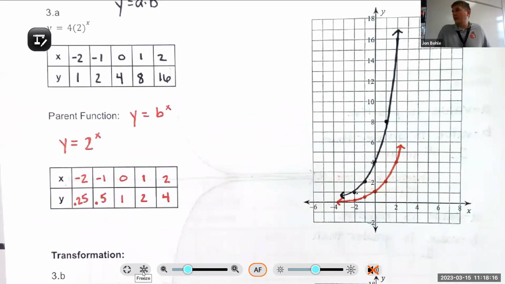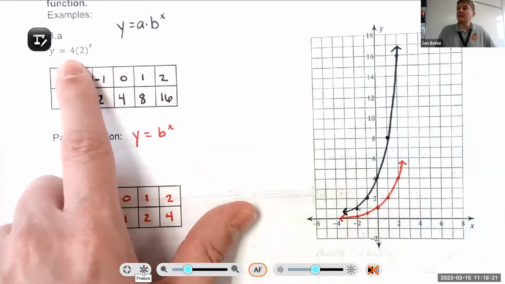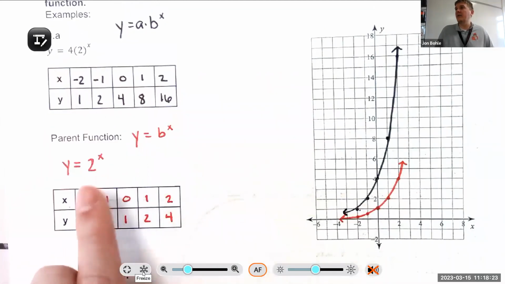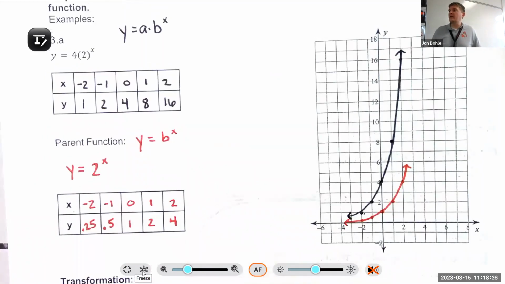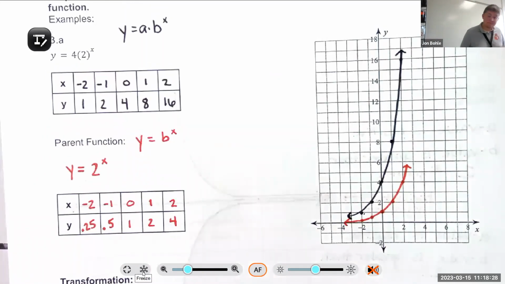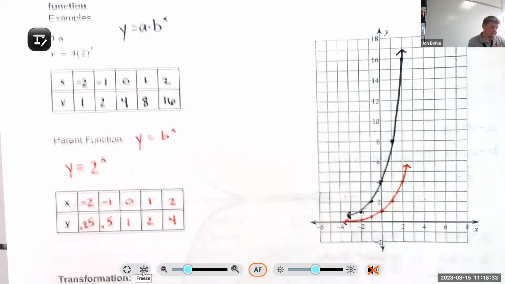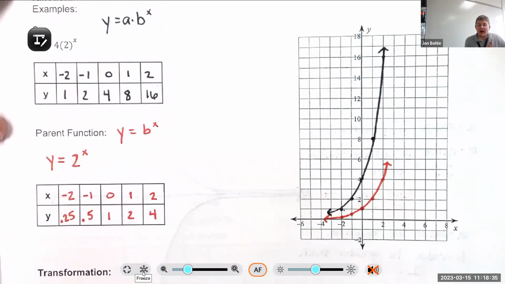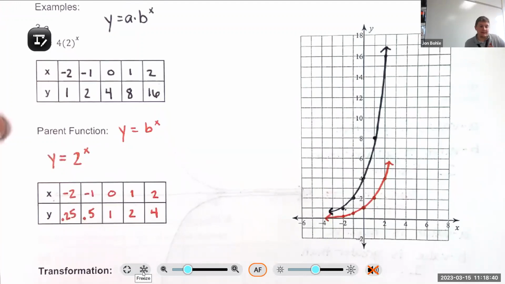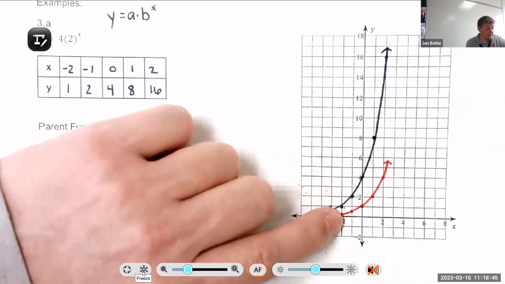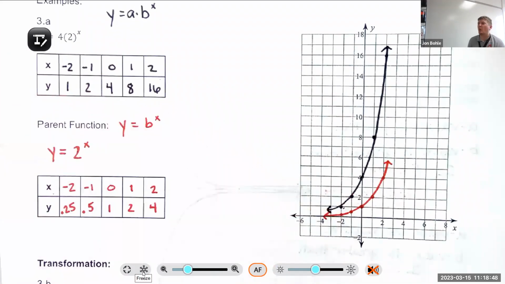The point of us doing the red graph is so we can see what impact a value of 4 has on this red one. So from red graph to black graph, what's happening? Okay, so it would have been bigger then because red to black, it's getting bigger to some extent. Which way is it getting bigger?